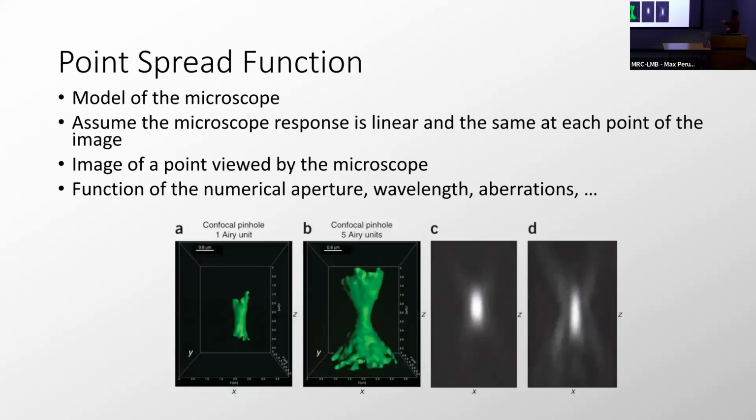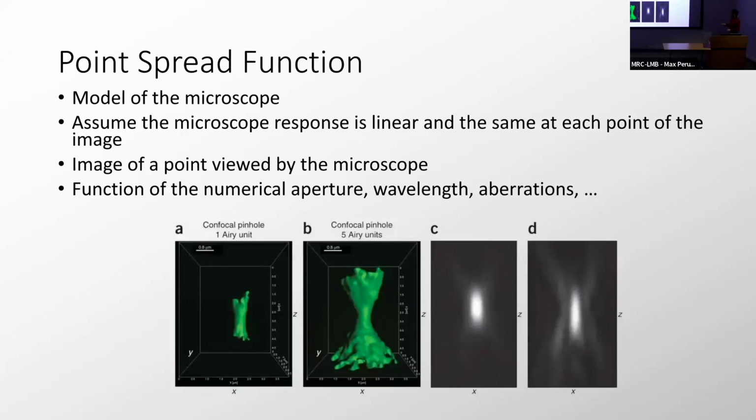It assumes that the response is linear and stationary across the whole field of view. And it is just the image of a point viewed by the microscope. So it's basically the brush. This is our brush here, for a confocal at 1 Airy unit and a confocal at 5 Airy units, which basically becomes similar to a wide field.